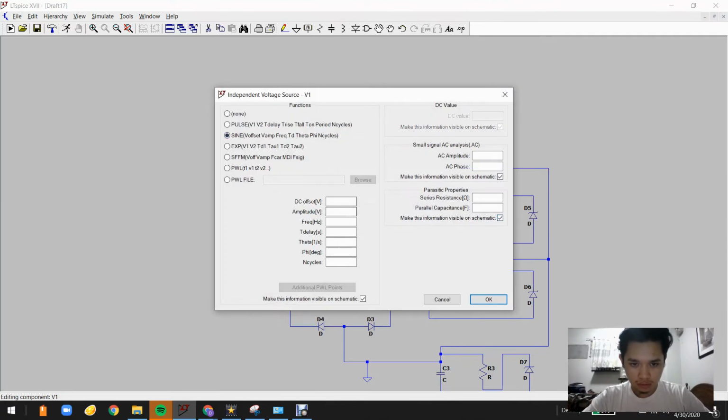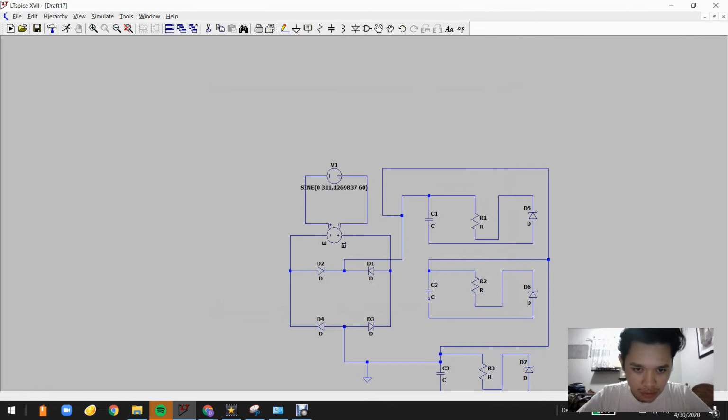Based on my computations, it's going to be 311.126.9837 with 60 hertz as its frequency.